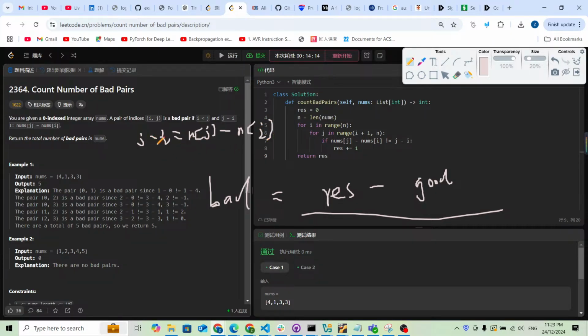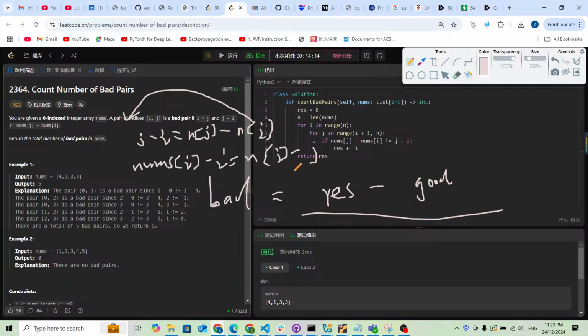So similarly, we put the i's to the right and put the nums[i] to the left. So this is nums[i], we put it on the left side: nums[i] - i equals nums[j] - j.